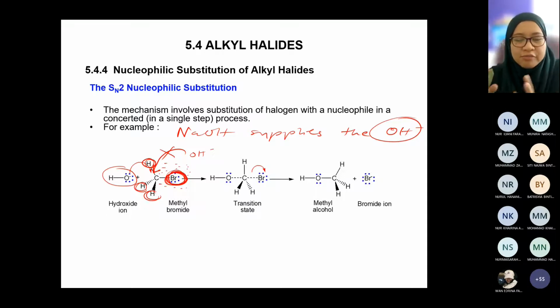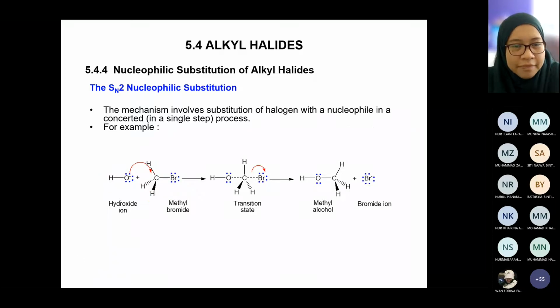Dia punya electron density dekat situ, taklah menyusahkan. Okay, so that's why they attack from behind. Okay, so bila dia attack from behind and attach itself, so maksudnya dekat sini, you kena ada apa? This arrow, satu saja arrow. Attack from the opposite side of bromine, of halogen.